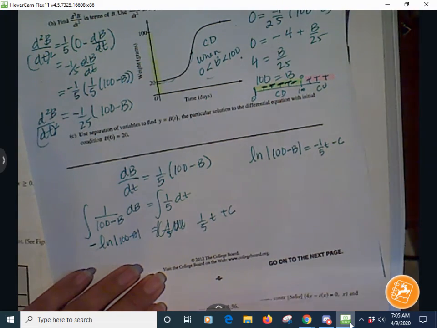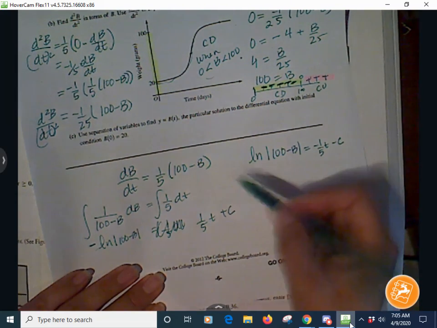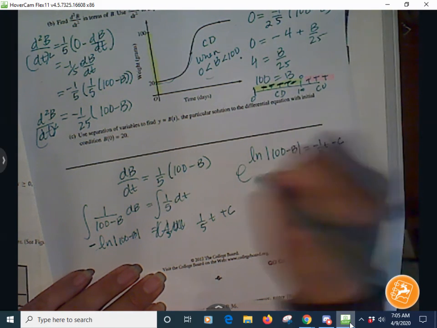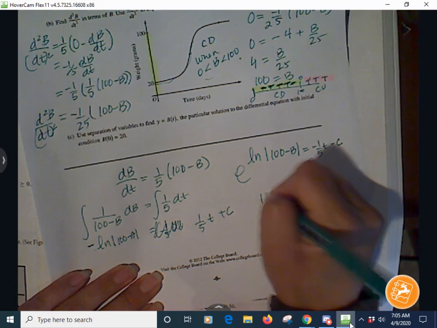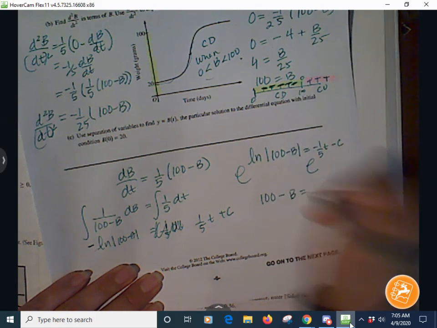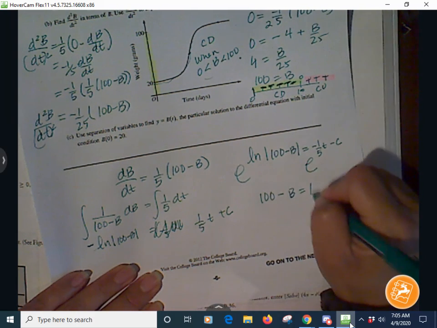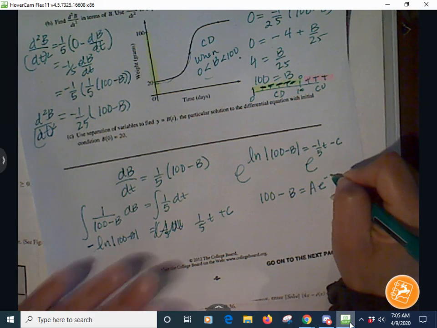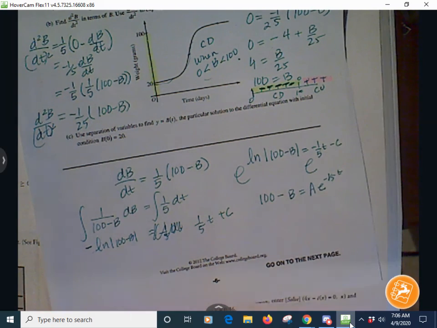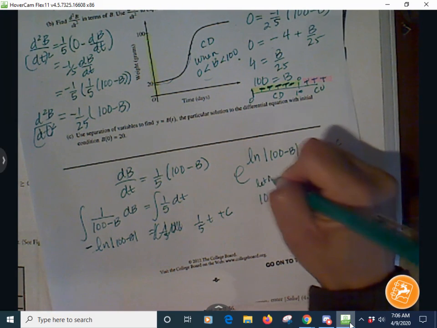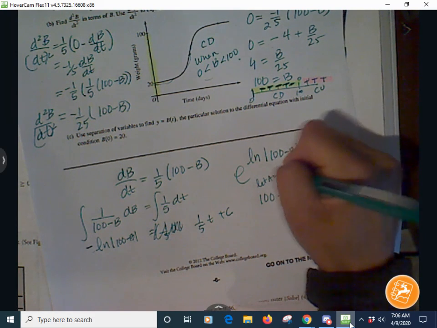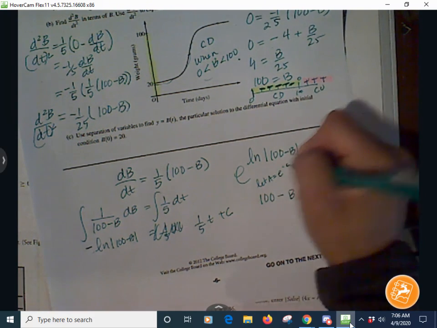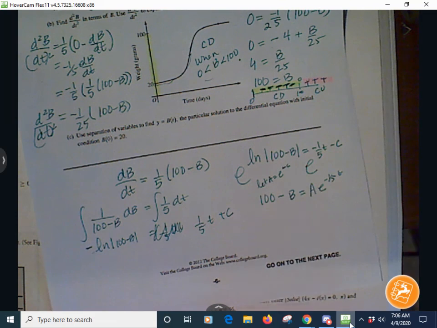That part really doesn't matter, but oh well. And I'm going to exponentiate it. So then I've got 100 minus B is equal to A e to the negative 1/5 t, where I'm going to say let A equal e to the negative c, like so. I'm sorry this is messy, but you would have a lot more room than what I have right now.